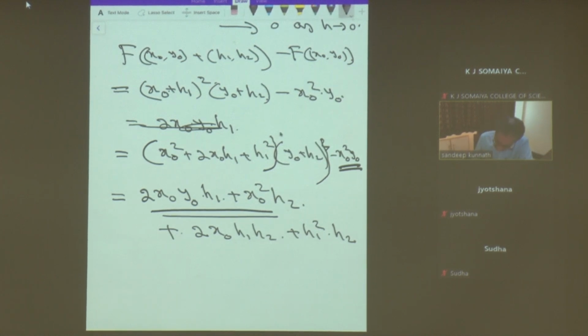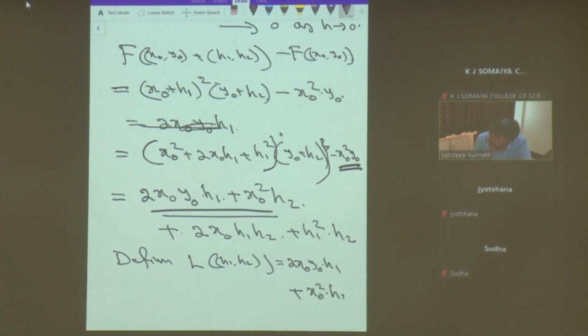So I am going to define L of (h1, h2) to be 2 x naught y naught into h1 plus x naught squared into h2.